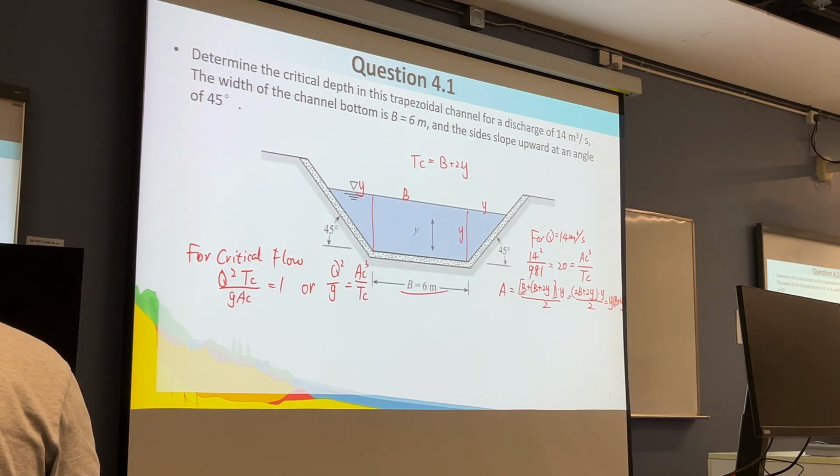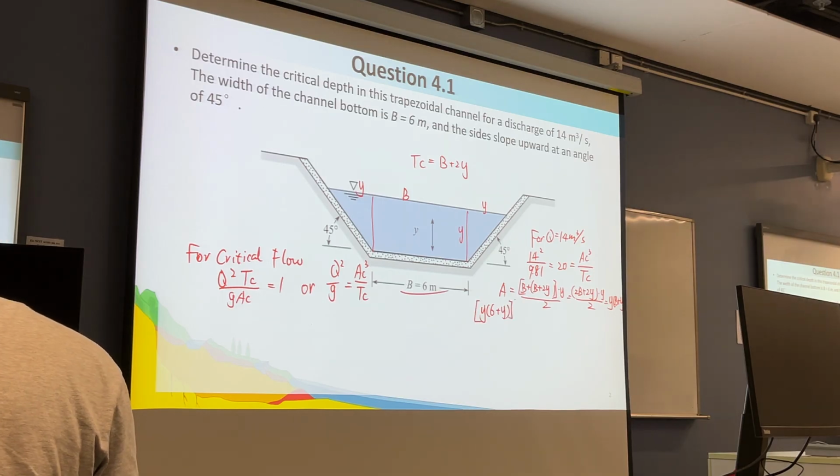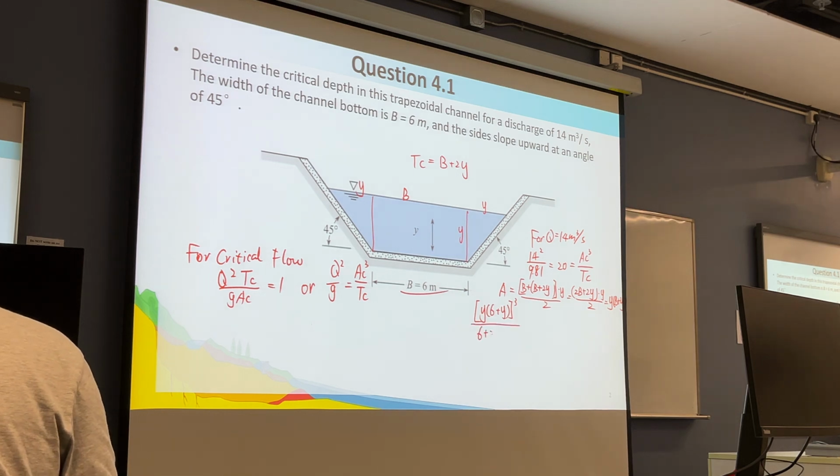T is B plus 2y, so that in here the equation becomes y times B plus y, with B is 6, all cubed, over 6 plus 2y is equal to 20.